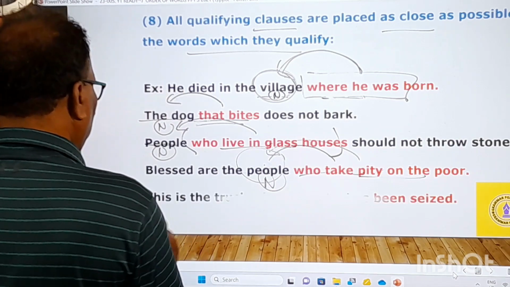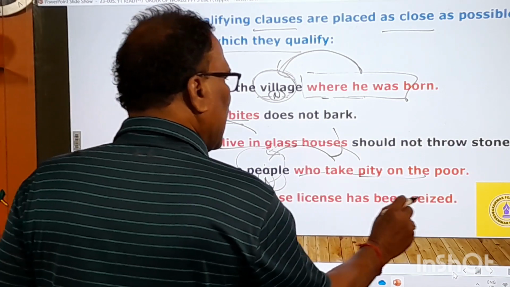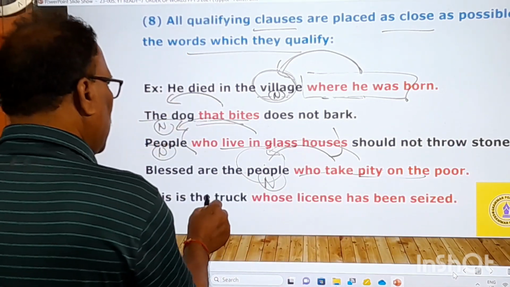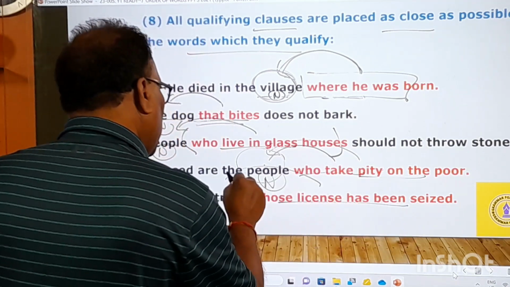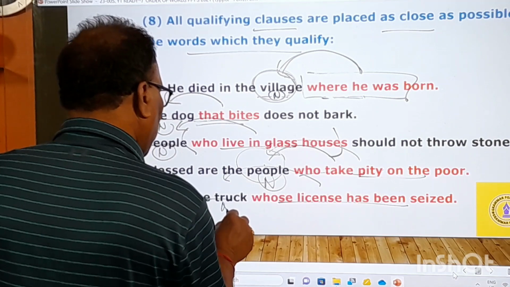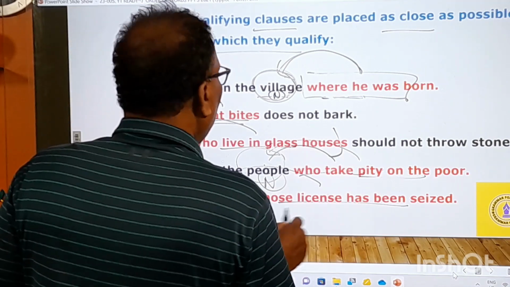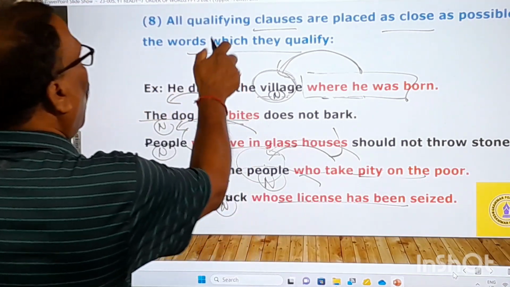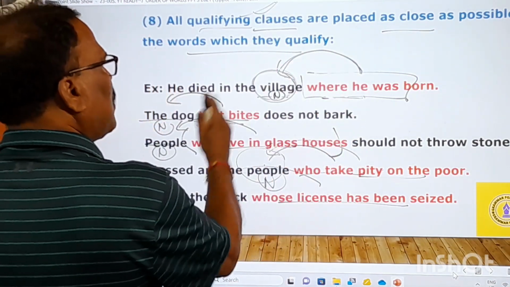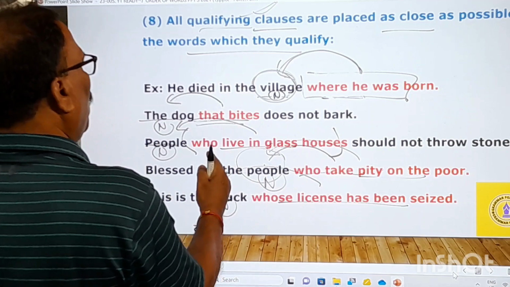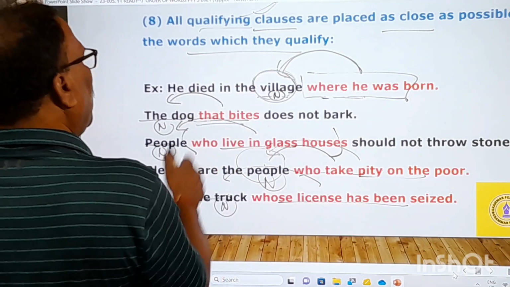And the last example here is: this is the truck whose license has been seized. So the whole clause is describing or qualifying this truck, that is a noun. In this way, all the qualifying clauses are placed as close as possible to the words which they qualify.